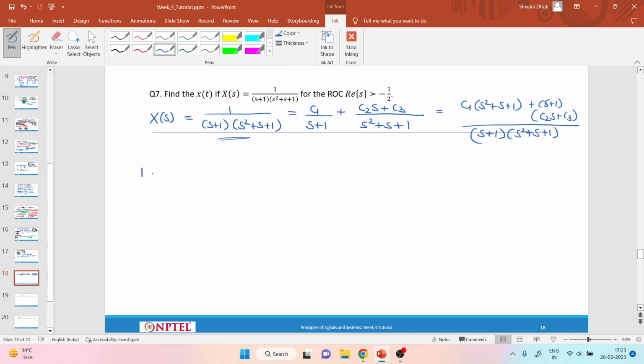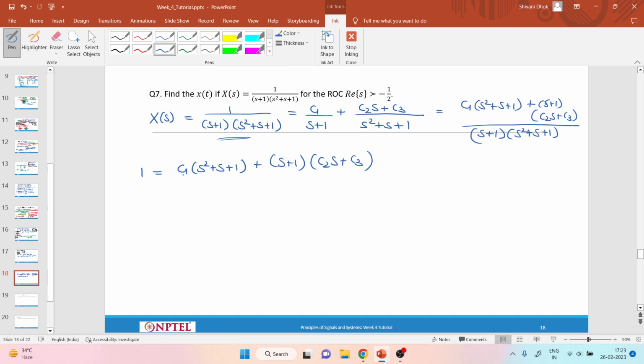I can write it as 1 is equal to c1 into s square plus s plus 1 plus, so I'm missing a c1 factor here, no, okay. So this is equal to s plus 1 multiplied by c2s plus c3.